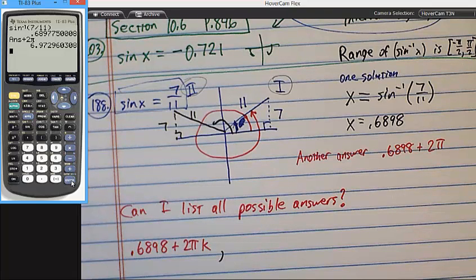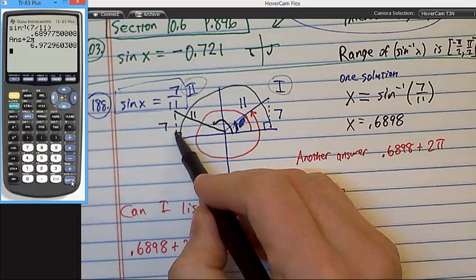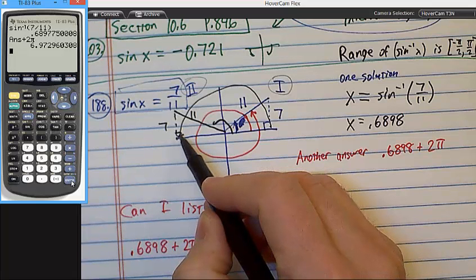Kind of like in the last problem, I found the quadrant 4 angle, which was in the range, and I know there's another one. Is this okay? So how do I find that? Well, I guess here's where the picture really helps. I know that if I were to rotate this far, how many radians is that? That's pi, but that's too far.